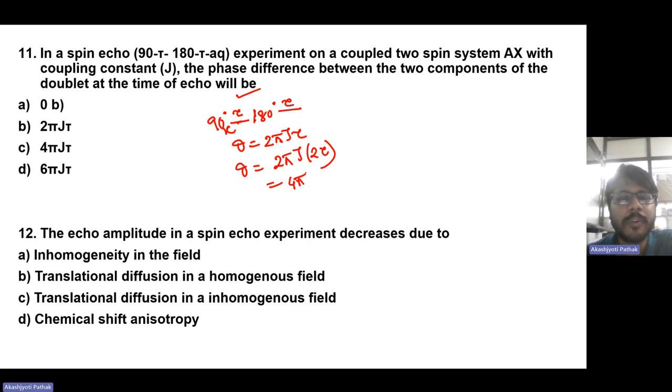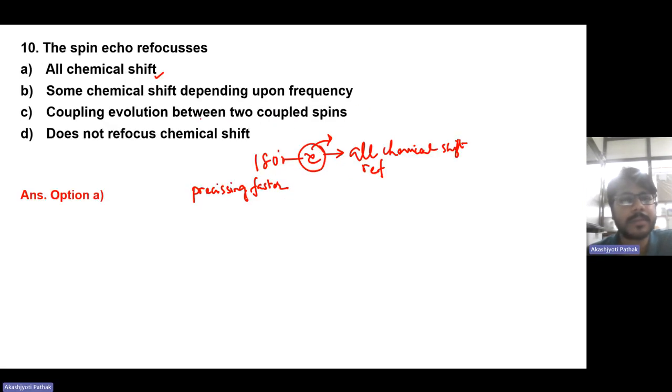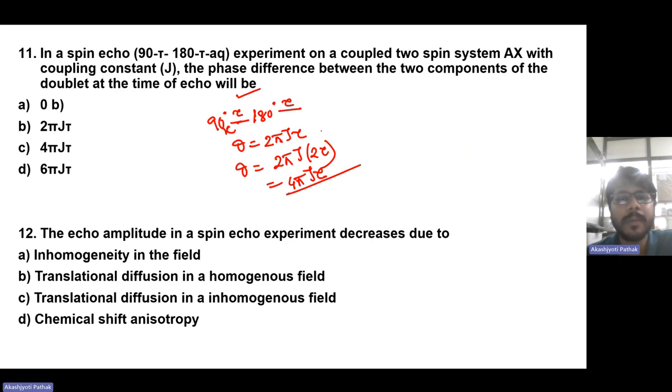So that will be equal to 4 pi J tau. So at the time of spin echo, because of the 2 tau delay, the phase difference between the A nuclei and the X nuclei will be equal to 4 pi J tau. So the correct answer is 4 pi J tau.